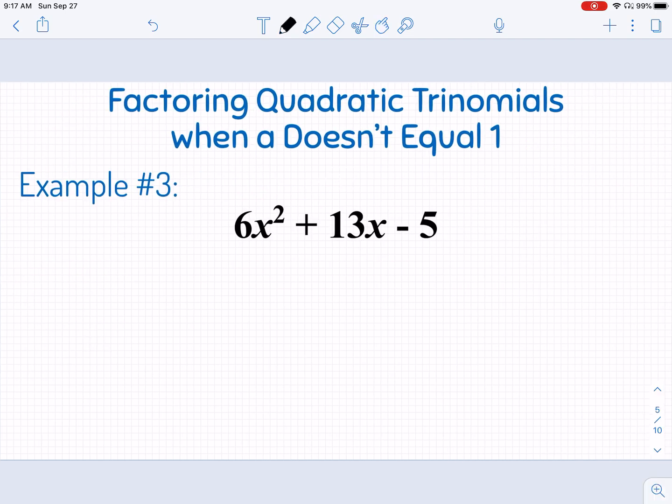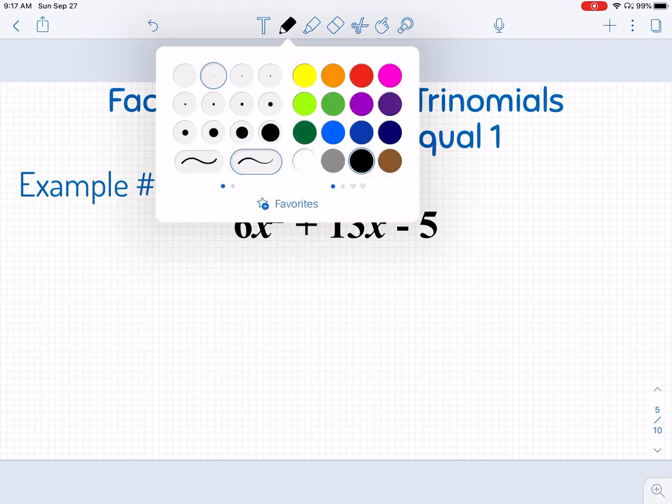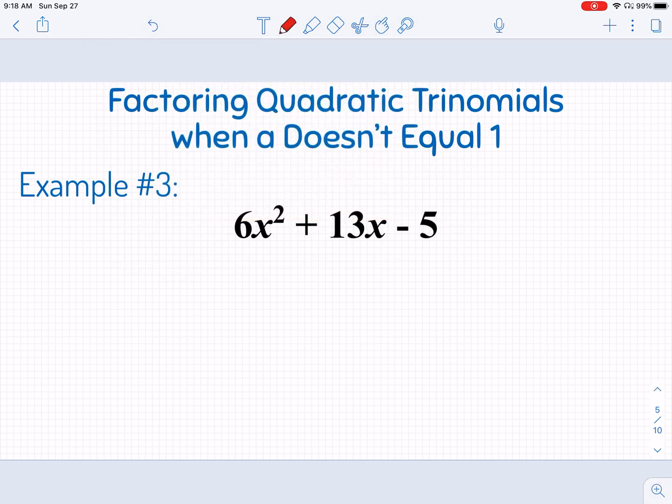Okay, so in this example, ask yourself, what is AC? What is B? And what are factors of AC with the sum of b? So my AC is negative 30. My b is 13. So factors of negative 30 with a sum of 13 are 15 and negative 2.